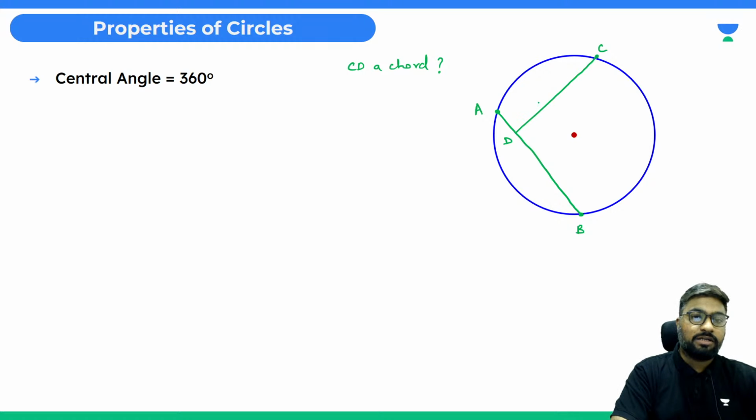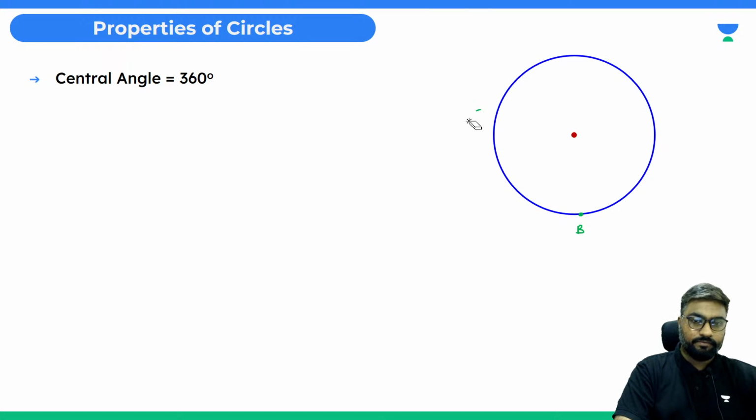No. Why? Because it has to join 2 points that lie on the circle. C is lying on the circle, but D is not lying on the circle. D is just a point inside the circle, right? So CD is not a chord, AB will be a chord. Okay, cool. Common confusion, we see any line inside a circle and we assume it to be a chord. It can't be. Okay, now let's talk about the longest chord.